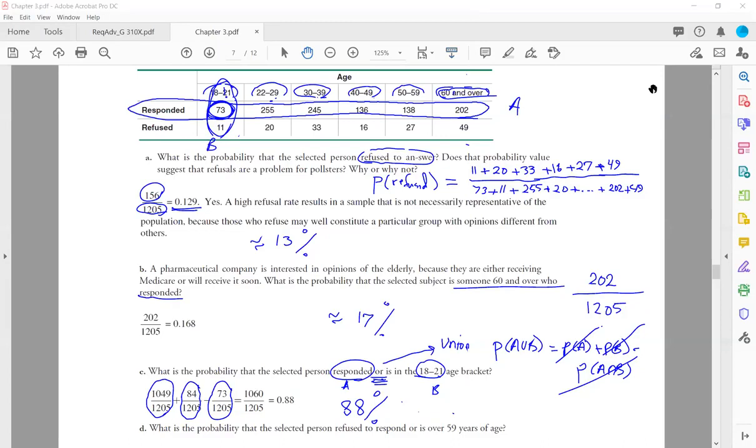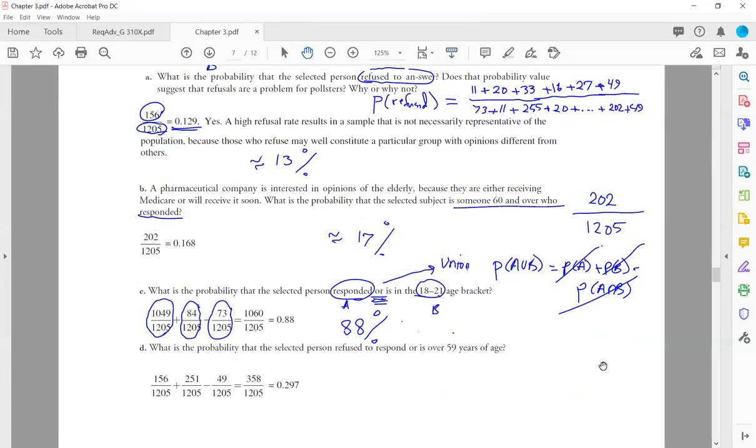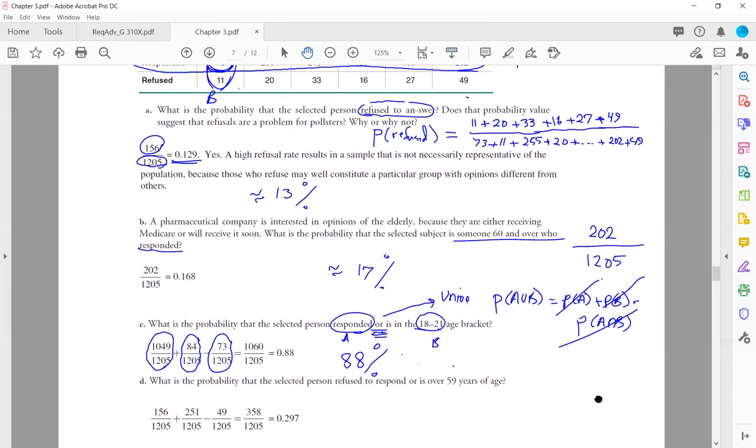Wait, Professor? Okay. And finally, D. What's the probability that the selected person refused to respond or is over 59? Again, you have a keyword or. It means that you have union.